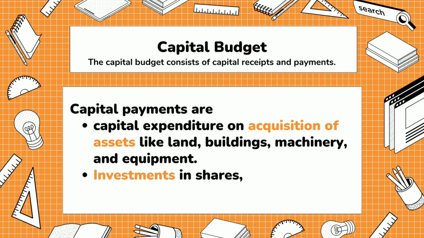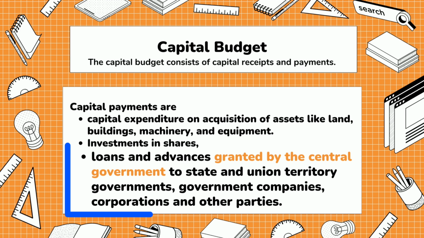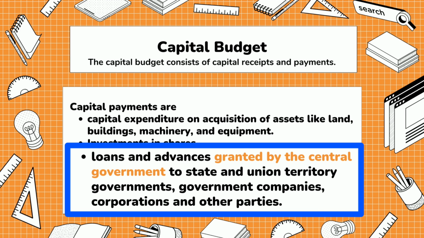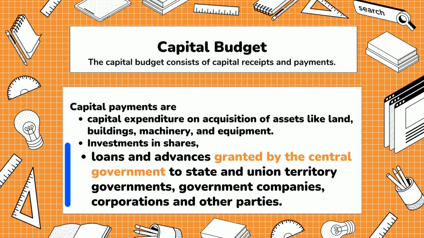Capital payments are capital expenditure on acquisition of assets like land, building, machinery, and equipment, investment in shares, loans and advances granted by the central government to the state and union territory governments, government companies, corporations, and other parties.